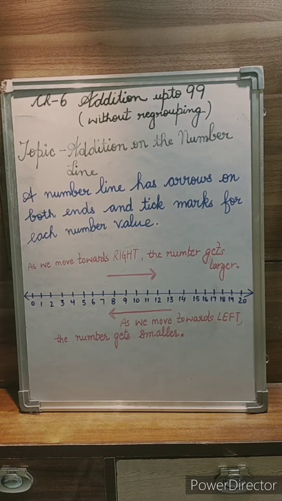A number line has arrows on both ends and tick marks for each number value. So it is called a number line.